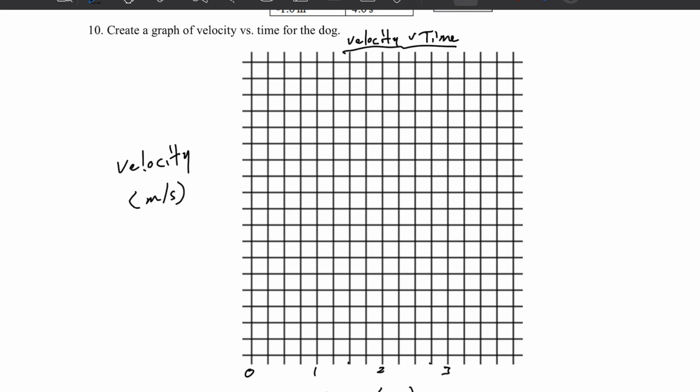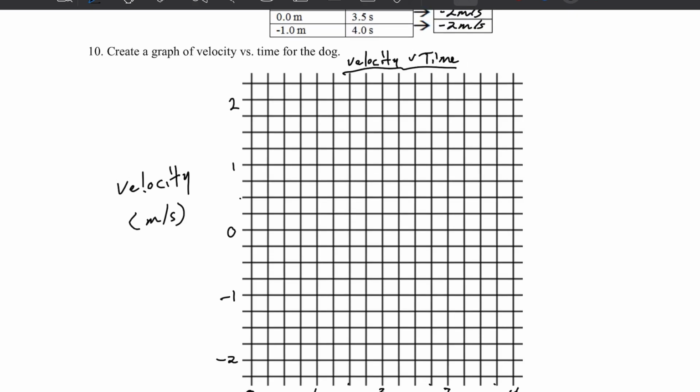So we're still going from 0 to 4 seconds. And then since our values go from +1 to -2, I just made my graph from +2 to -2 as far as the vertical axis for velocity. And then all we have to do is graph a value of 1 for 2 seconds, and then we drop down to a value of -2 for 2 seconds, just demonstrating at any point in time, what is the velocity?